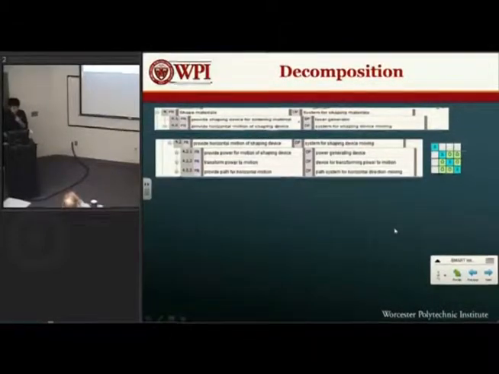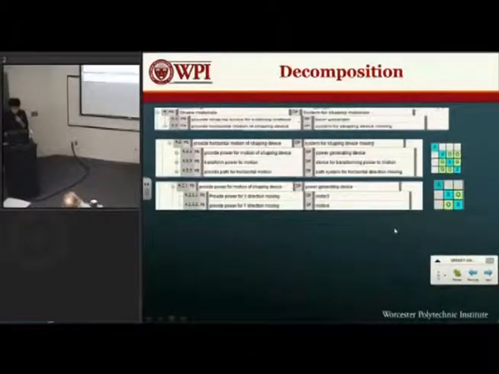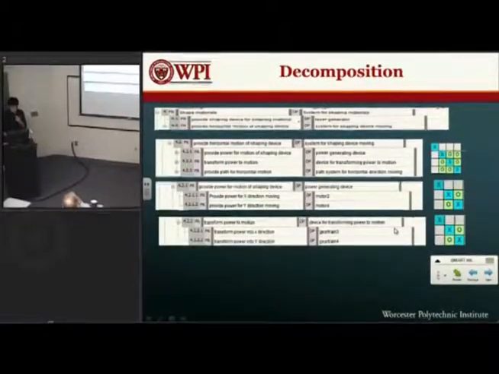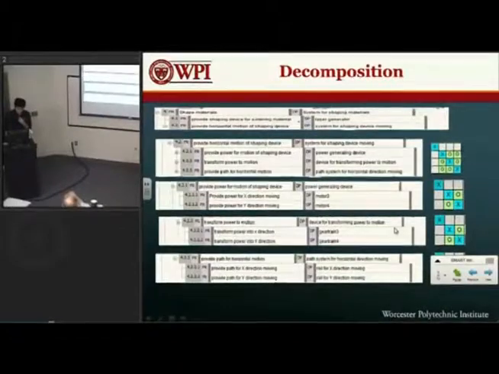The decomposition of provide the horizontal motion of the shaping device is similar to the previous motion parts, but the difference is that the children can be decomposed into two directions and two devices, and for each child we provide one device to achieve the function parameter.